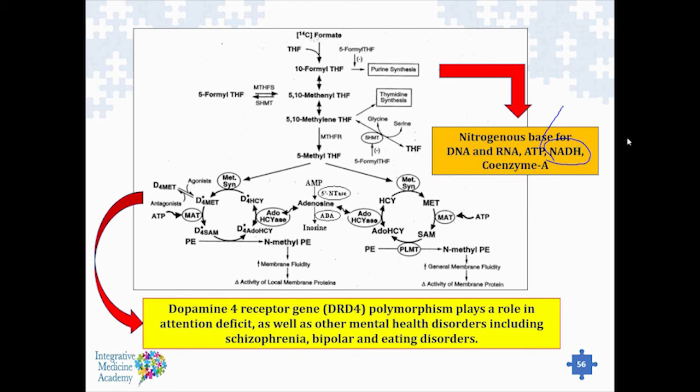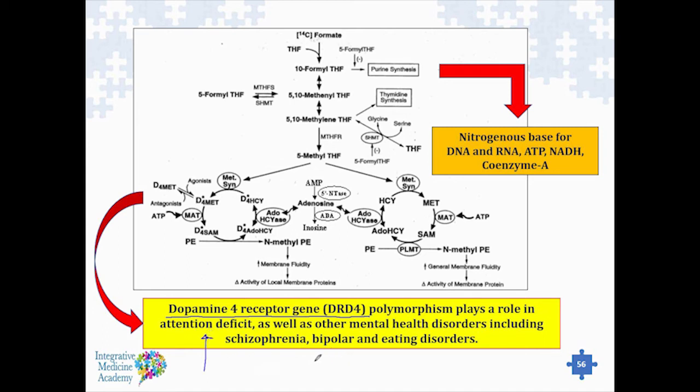This particular slide also comes from a lecture that I've done on autism, and particularly looking at attention issues. Folate is also linked to the dopamine receptor cycle. It's not really a cycle, but it's linked to dopamine receptor activity, which is then linked to attention deficit.